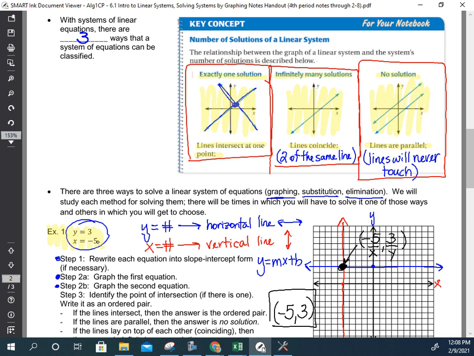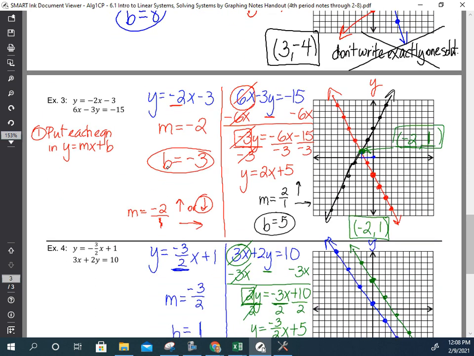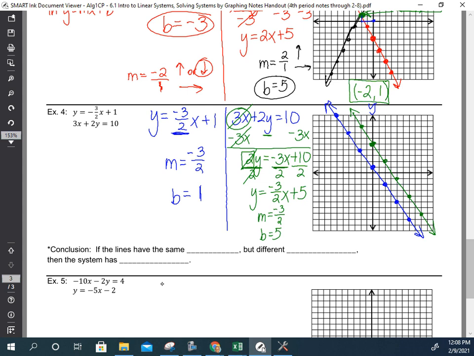And if they're parallel, that means the answer to this problem is no solution. Because the lines don't touch. Any questions before we fill in this conclusion?